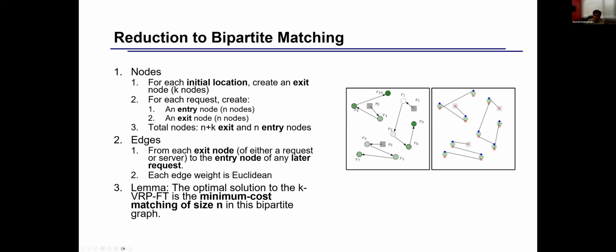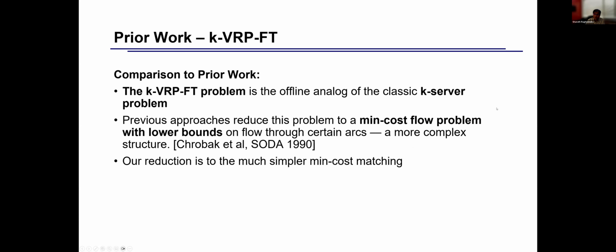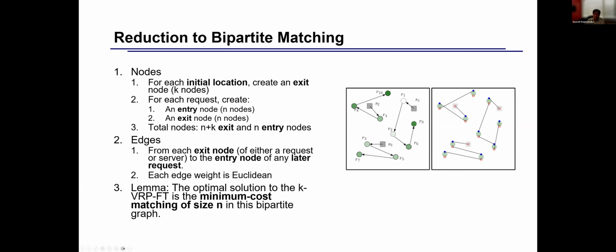What you have to do is look at the entry node of the corresponding request whose exit node is unmatched, and then look at its match. It'll be an exit node of some prior request. Because every entry node is matched, you keep backtracking, and the only time you stop is when you encounter an initial configuration.